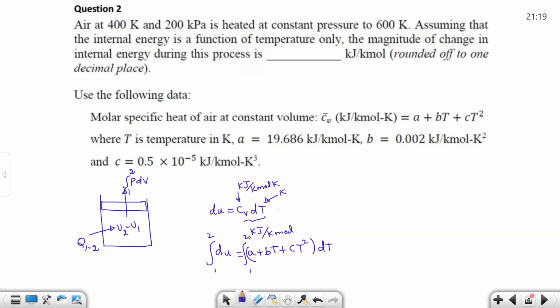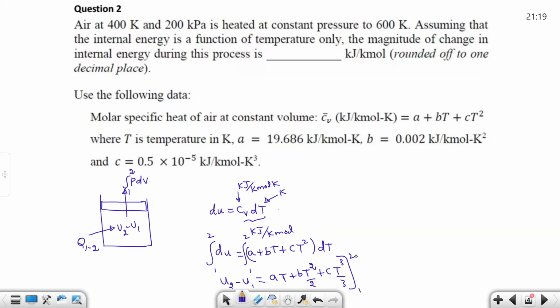So you get internal energy change U2 minus U1 equal to AT plus BT squared by 2 plus CT cubed by 3, from 1 to 2. A, B, C, those constants are given, and you can substitute them, and the temperatures also.